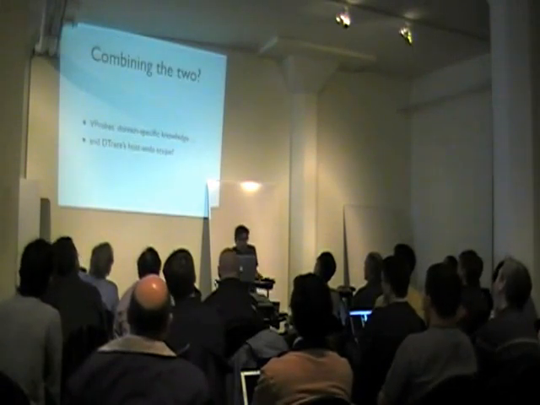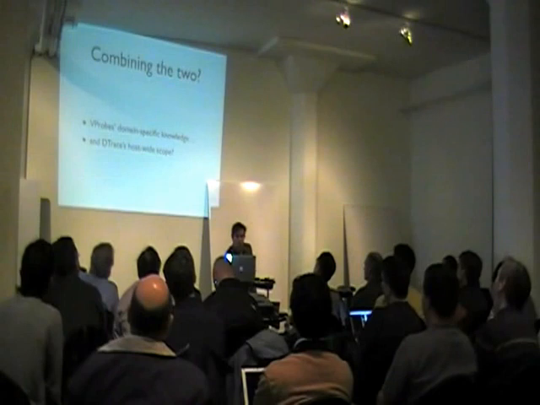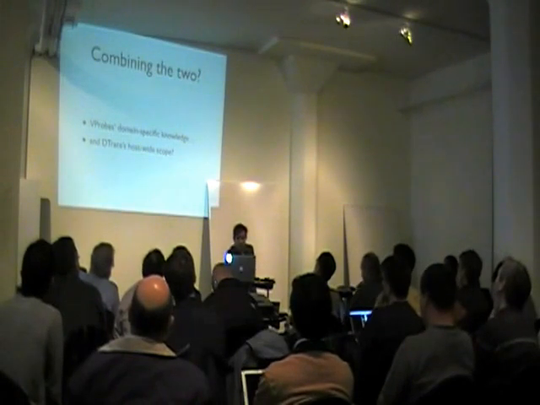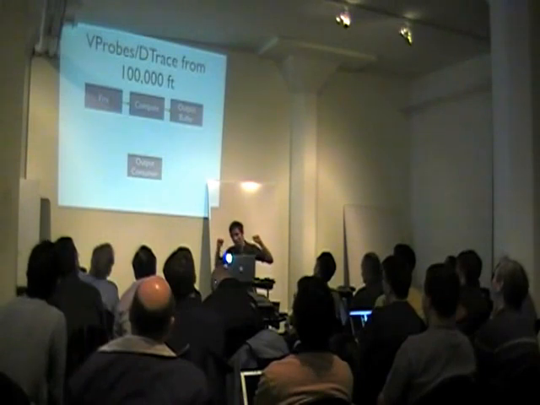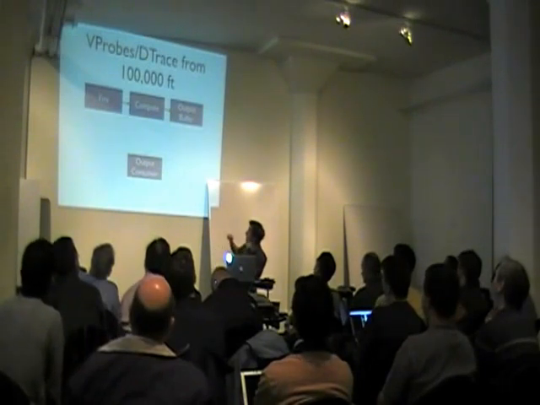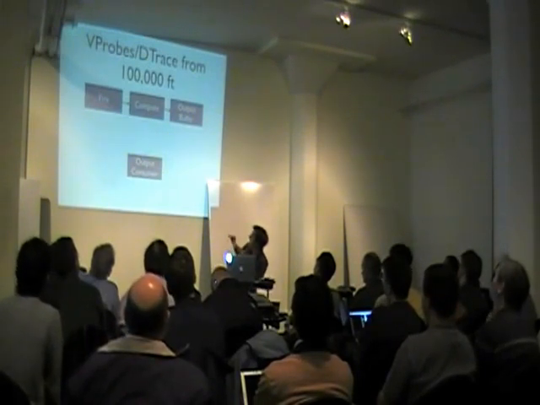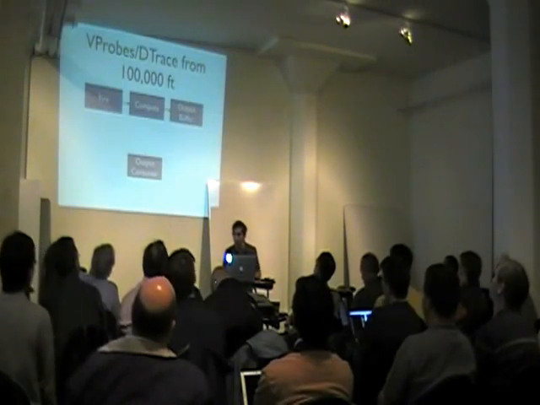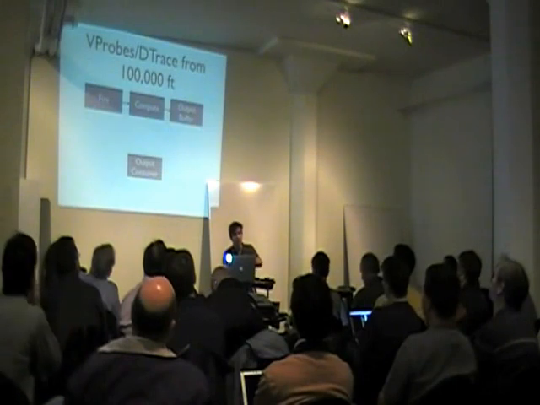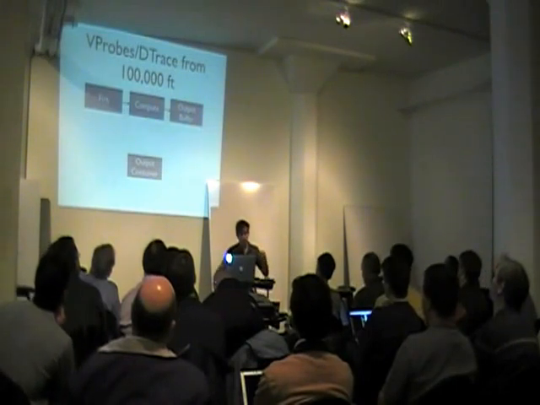So, is there some sort of easy way to have both of these systems help one another? And I think there's a way forward here. To do so, I'm just going to draw another horrible cartoon, and I apologize. You can think of VProbes and dtrace as embodying this pipeline. Both of them have some event that happens. The event happens, you run a callback. The callback computes for a while.